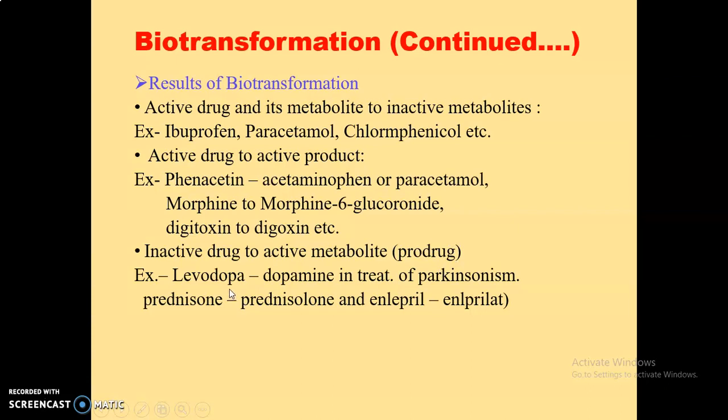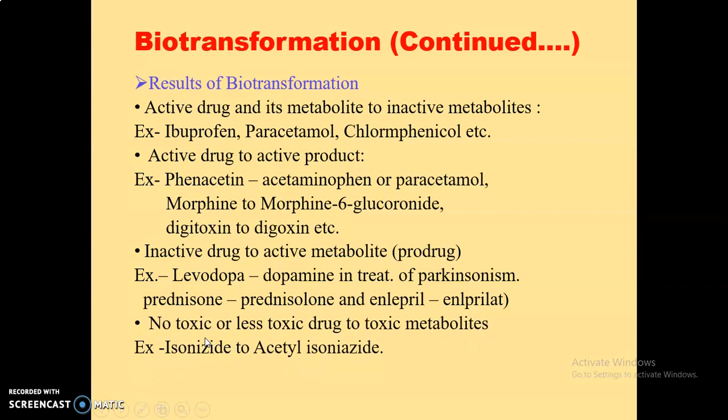Such a drug is called a prodrug. Example, use of levodopa in treatment of Parkinsonism. Here levodopa is converted into the dopamine metabolite. So the anti-Parkinsonism effect is due to dopamine and not due to levodopa. So levodopa is called a prodrug.